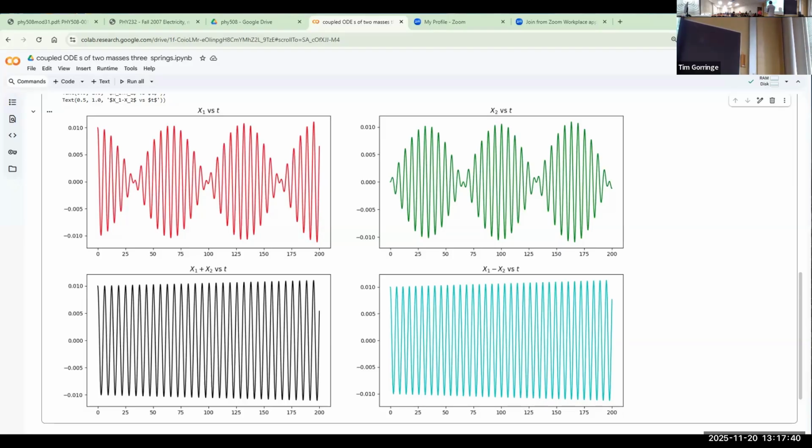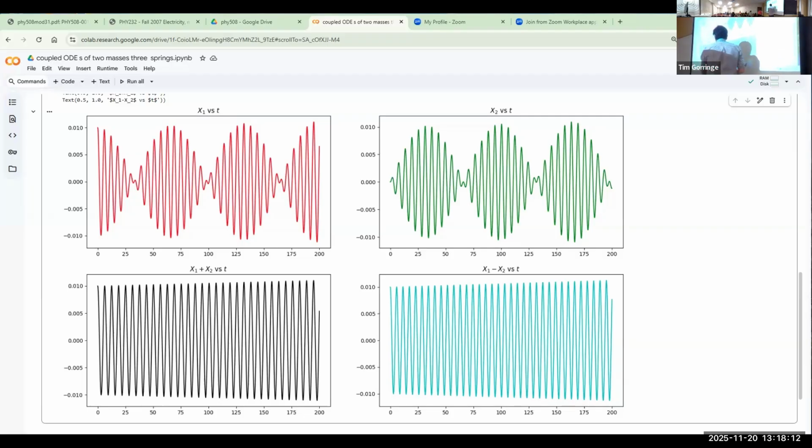The 4 plots that I'm going to show you: the position of mass number 1, so it's x1 as a function of time for the 200 seconds. The horizontal axis is time, and the vertical axis is the position of mass number 1. So that's the red graph in all my plots. The green graph is the same thing, but for mass number 2, the position of mass number 2 as a function of time for the 200 seconds.